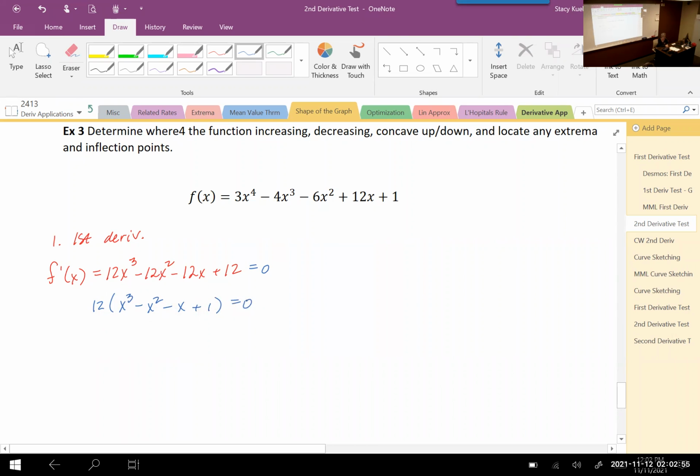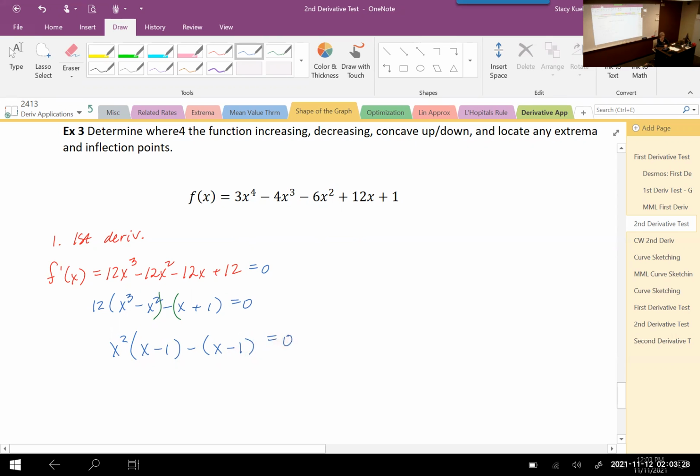Now maybe what do you want to try? Grouping. I've got 4 terms. I'm going to try grouping. Yep. So I'm going to group it in that way. So I've got x squared I can factor out of the first two terms, leaving me with x minus 1, minus x minus 1, because I have to change that sign on the inside, is equal to 0.